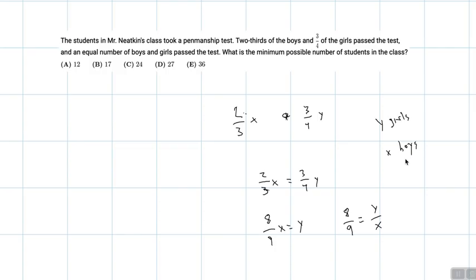So this is saying that there are 8 girls, and if there are 9 boys, 6 passed. Yeah, so this is the minimum. 8 girls, 9 boys. 8 plus 9 is 17. That's the minimum in the class. It's answer choice B.